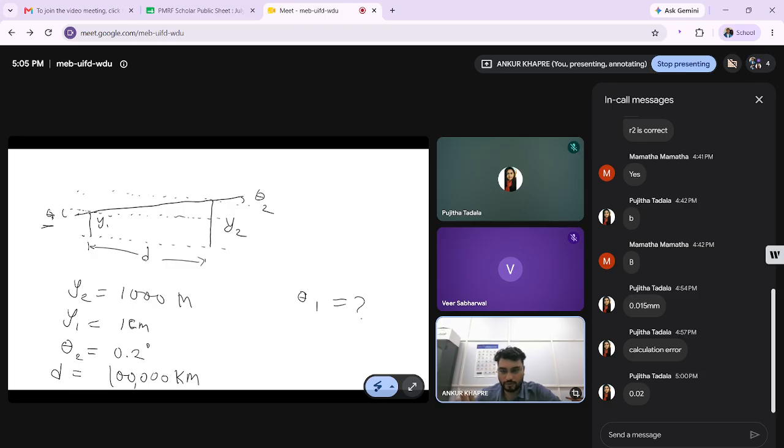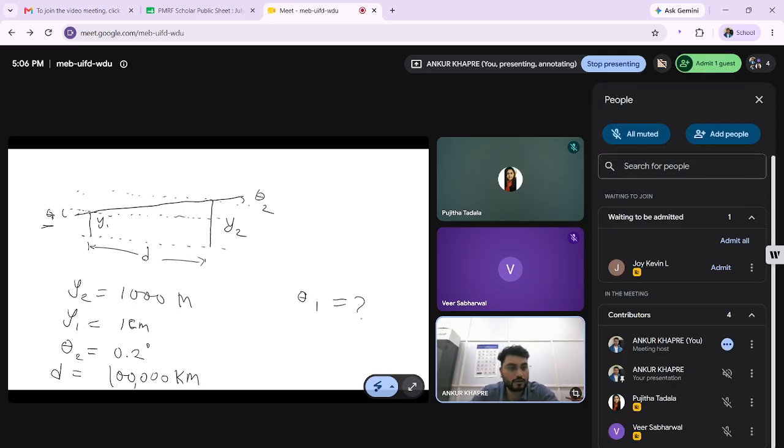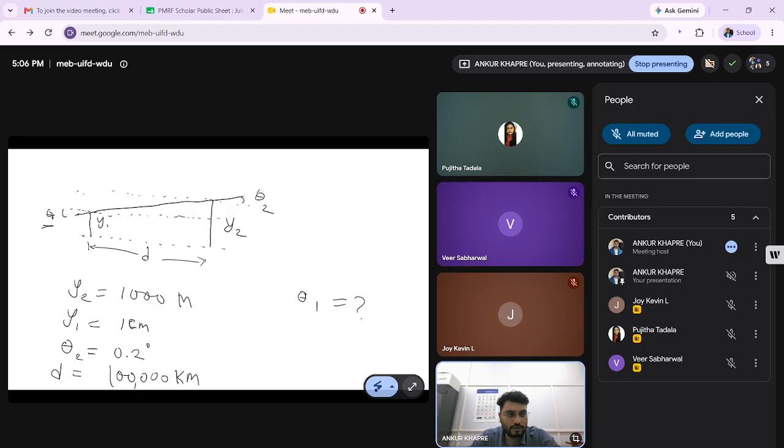First, all the units should be in the same metric, then you can solve it. Try to solve this problem, then we'll go for the next problem.